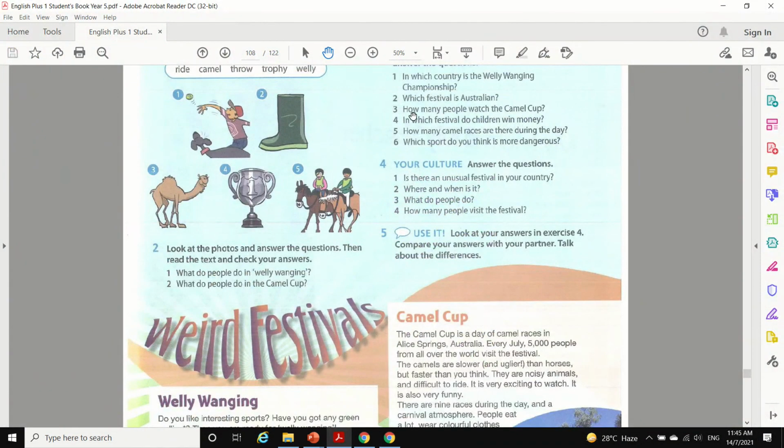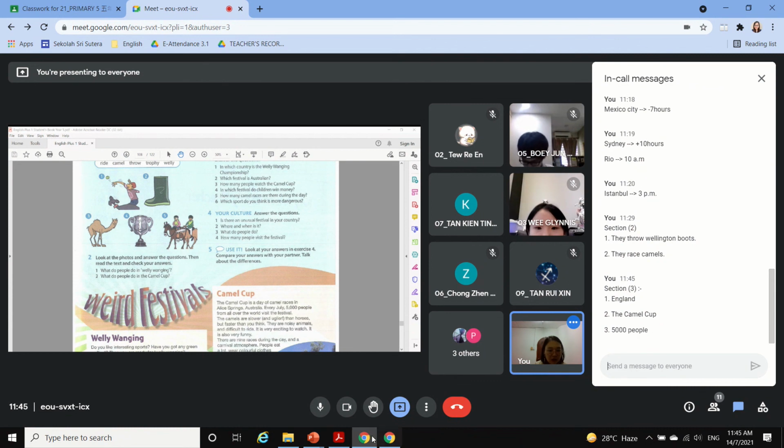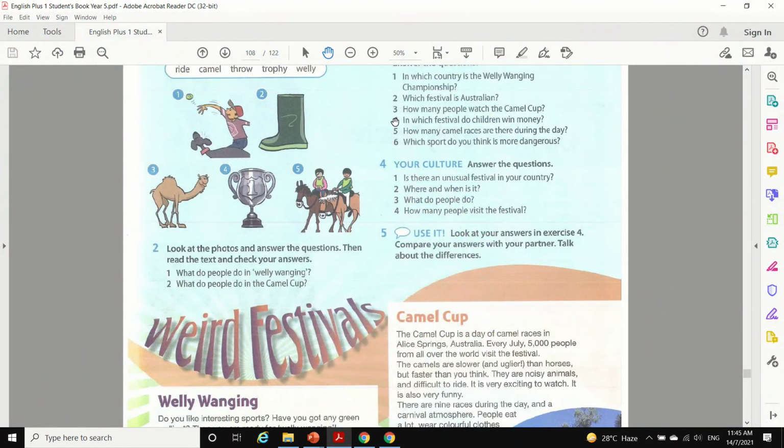Number 3: how many people watch the Camel Cup? Just now we mentioned about 5,000 people. Number 4: in which festival do children win money?